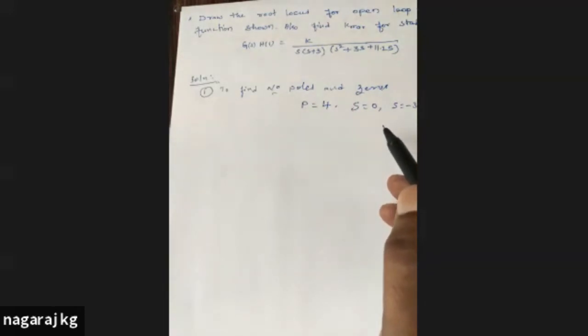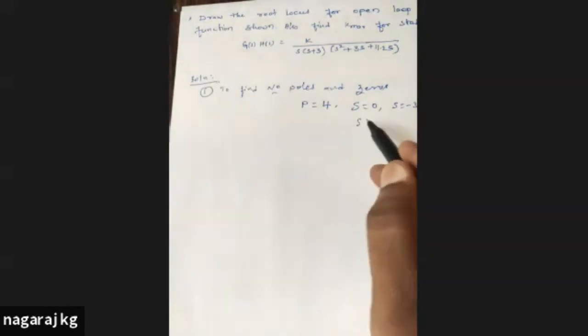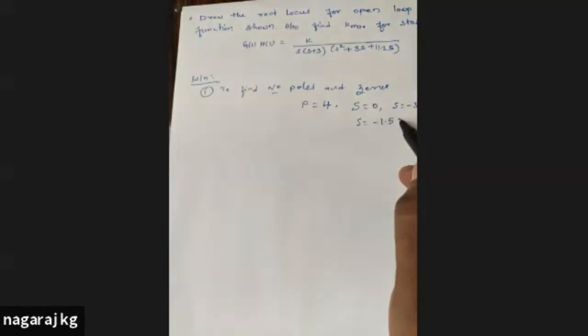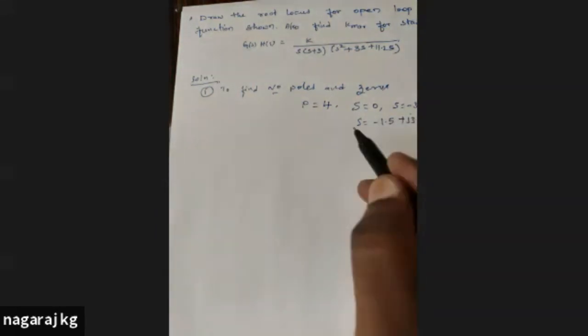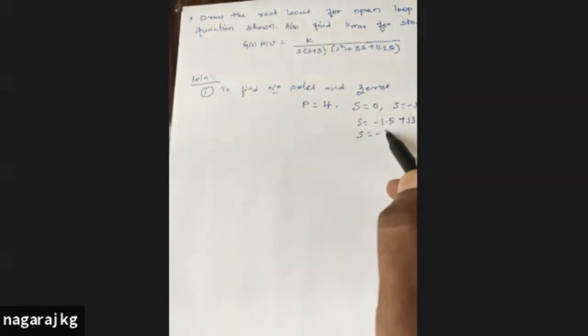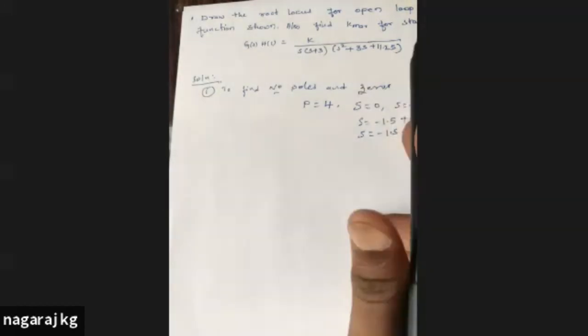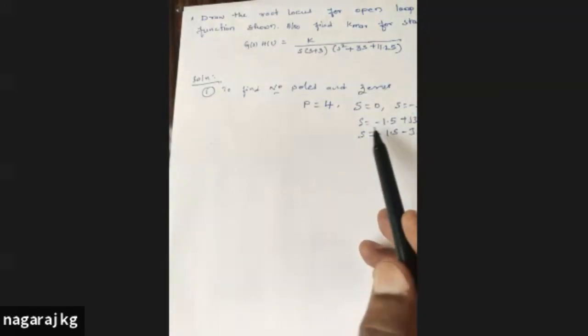One is s equal to minus 1.5 plus j3, the other one is s equal to minus 1.5 minus j3. So you have to find the roots of the second order equation.